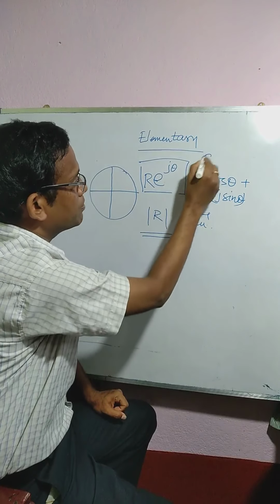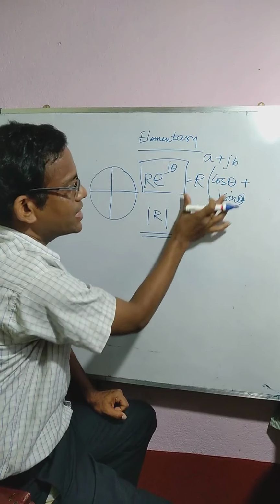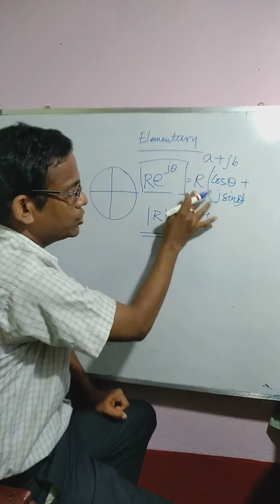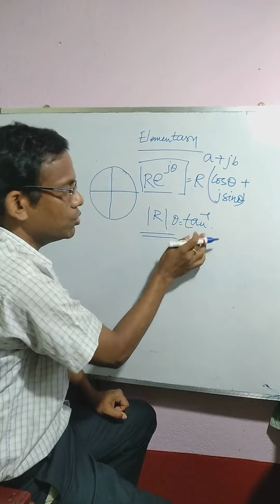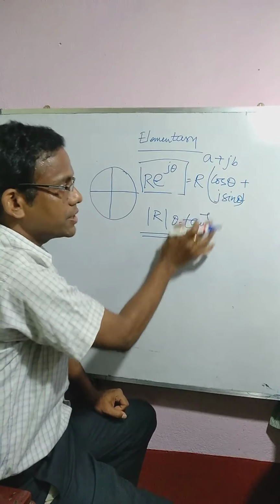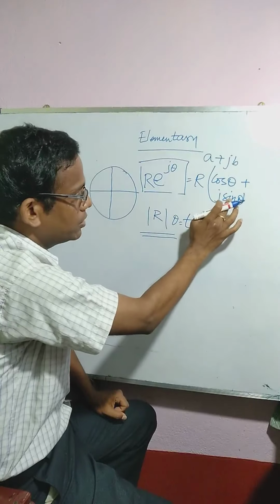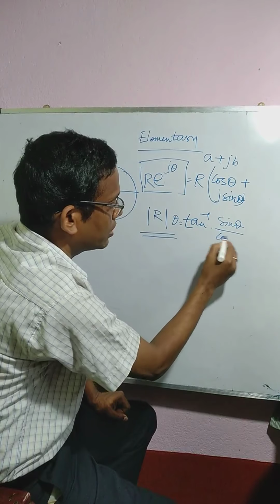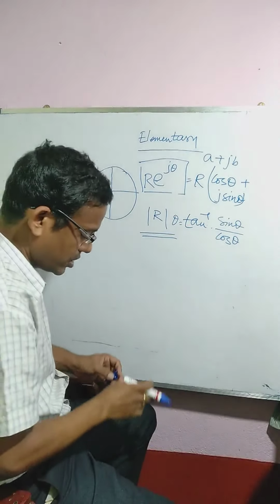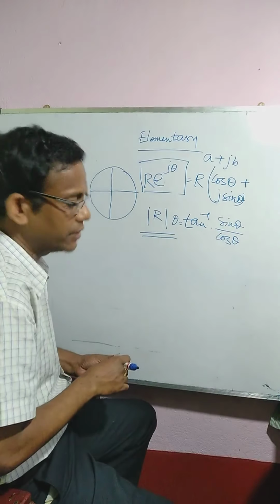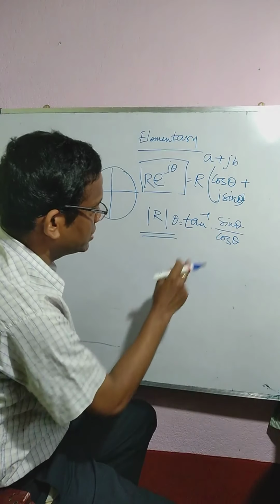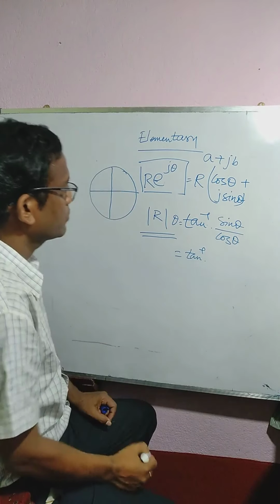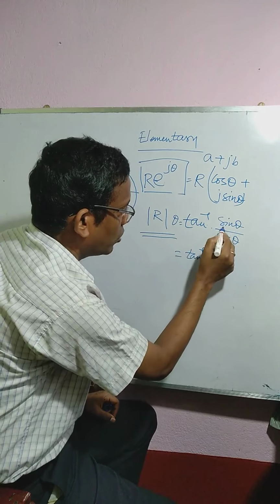It can be represented as a plus jb, where a is r cos theta and b is r sin theta. If we take the angle, it is tan inverse b by a. Here b is r sin theta and a is r cos theta. R vanishes as it is in both the numerator and denominator. So this is nothing but tan inverse of sin theta by cos theta.